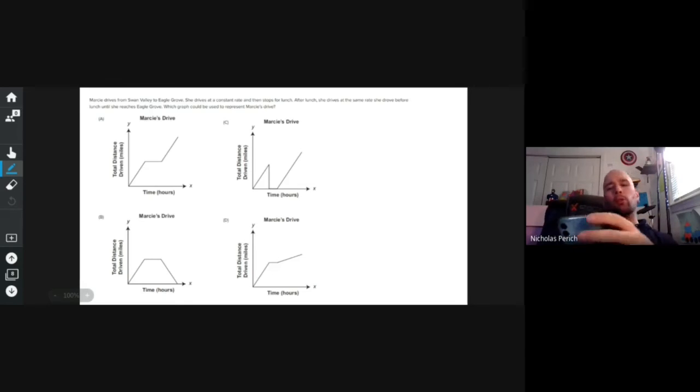She drives at a constant rate. She stops for a little while to eat something, and then she drives again at the same speed.